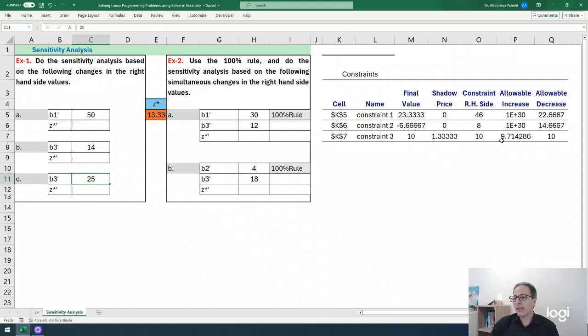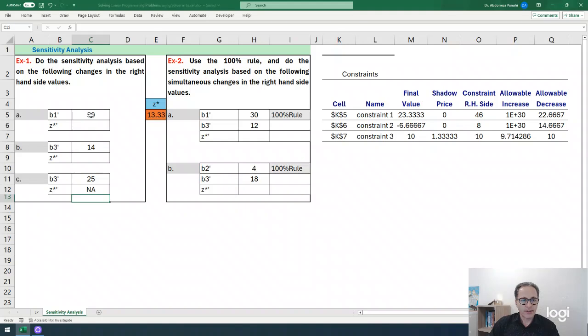What is the original value? 10. 10 to 25 means a 15-unit increase. But what's the allowable increase? Allowable increase is 9.7. So it is beyond this increase. I cannot answer this. So without doing anything, I just write here: not applicable. Sensitivity analysis is not applicable for this. Or if they have another 100% rule, the same thing may happen, but we study that one later.